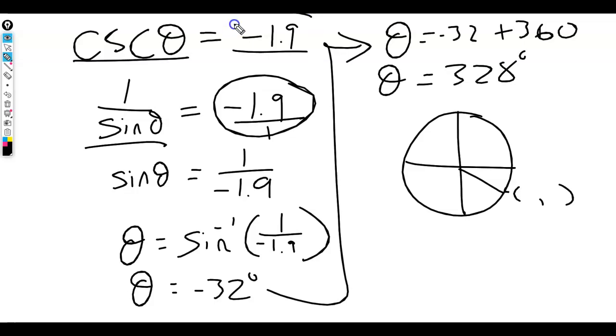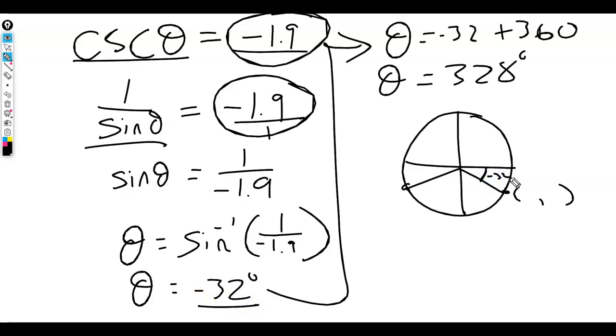Well, actually, that's not the y value, just so you know. That's the reciprocal of the y value. We don't know what the y value is, basically. All right, well, hopefully you guys know that the matching one would be the one directly over here across from it. Okay. Now, how do we find out what that is? So we know that this angle here is that negative 32 that we had, right?